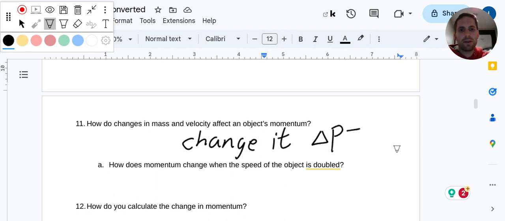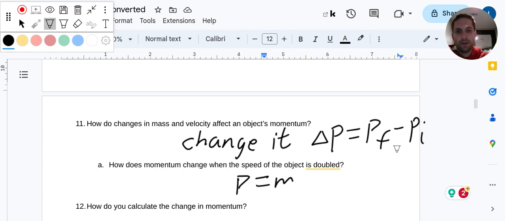This change in P, P final minus P initial. And when the mass is doubled, P equals mv normally, and then we do another equation, P equals 2m times v, well, this is going to be 2 over here. So we'll double the momentum.